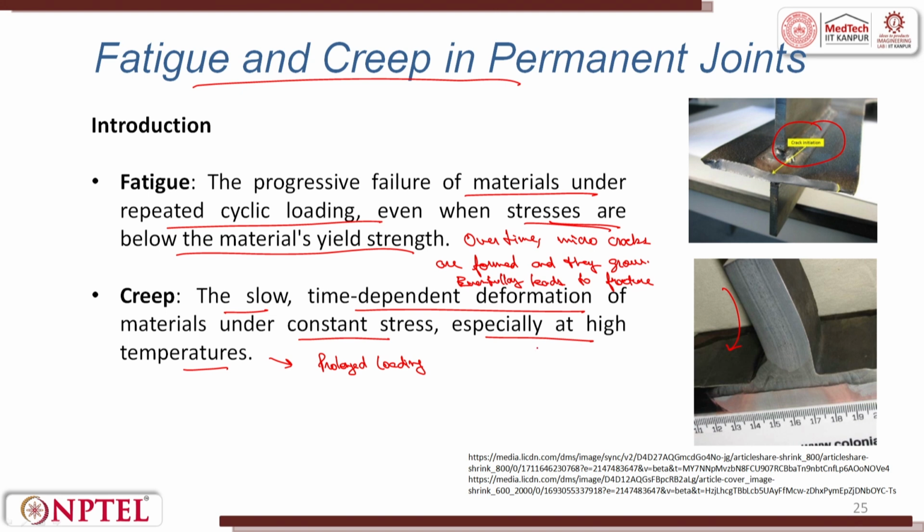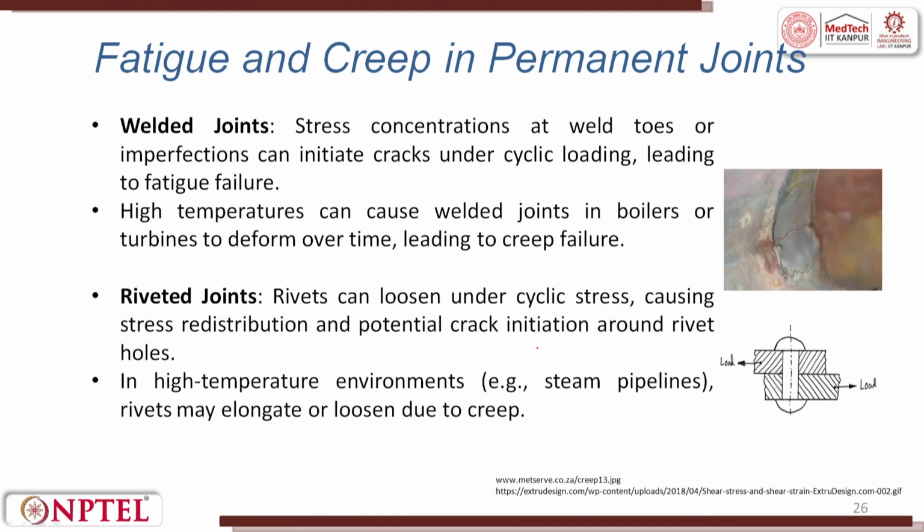So, fatigue and creep, when we talk about the welded joints or riveted joints: in welded joints, stress concentration at the weld toes or imperfections can initiate cracks under cyclic loading, leading to fatigue failure. High temperatures can cause welded joints in boilers or turbines to deform over time, leading to creep failure.